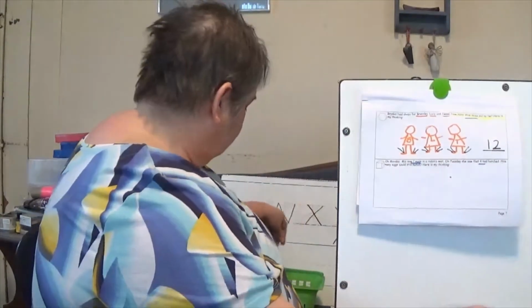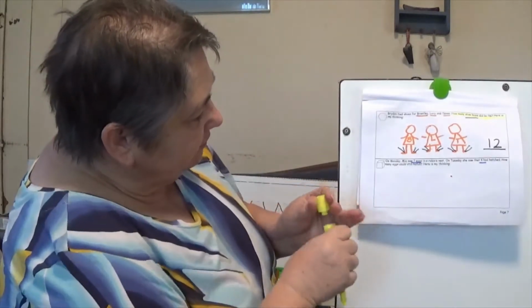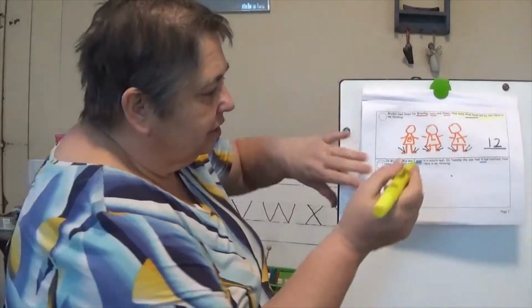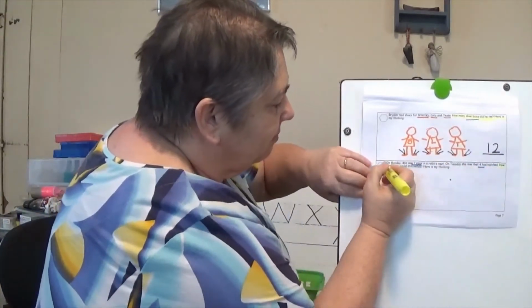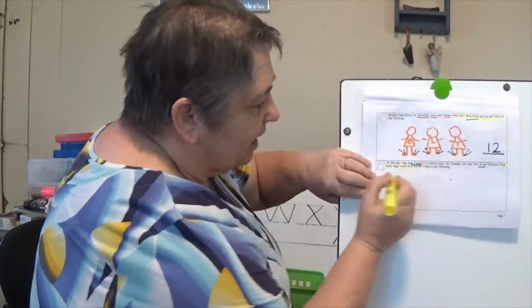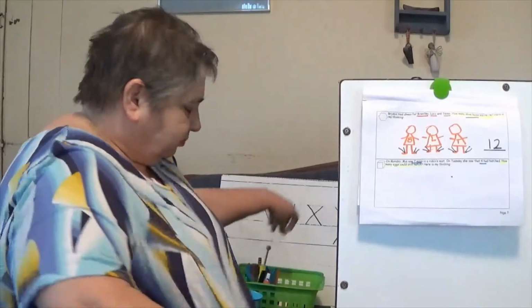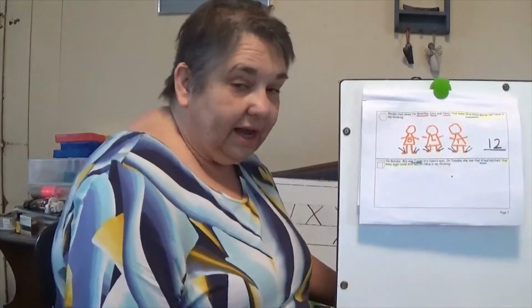And then we want to know, what is our question? And what we're trying to solve is, how many eggs could still hatch? They haven't hatched yet, but how many eggs could still hatch? Okay, so let's take a look. We're going to do a picture and we're going to do an equation.